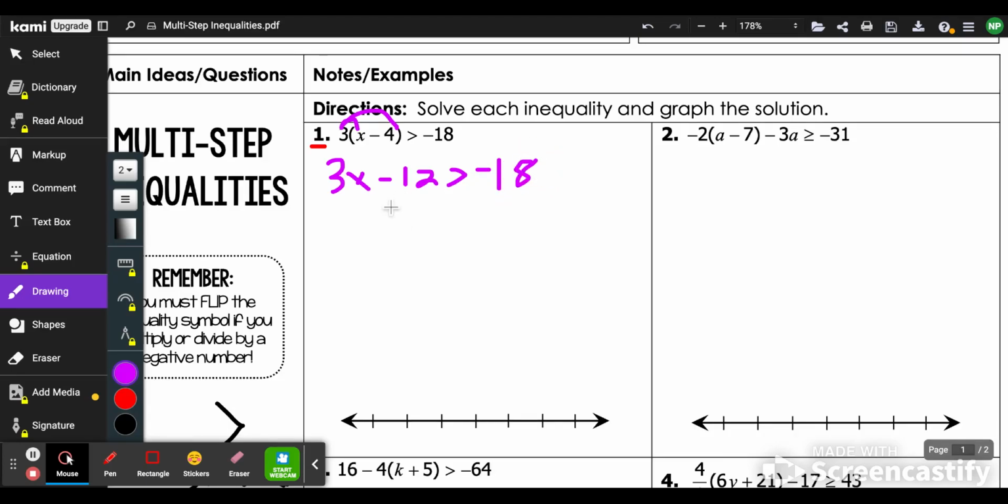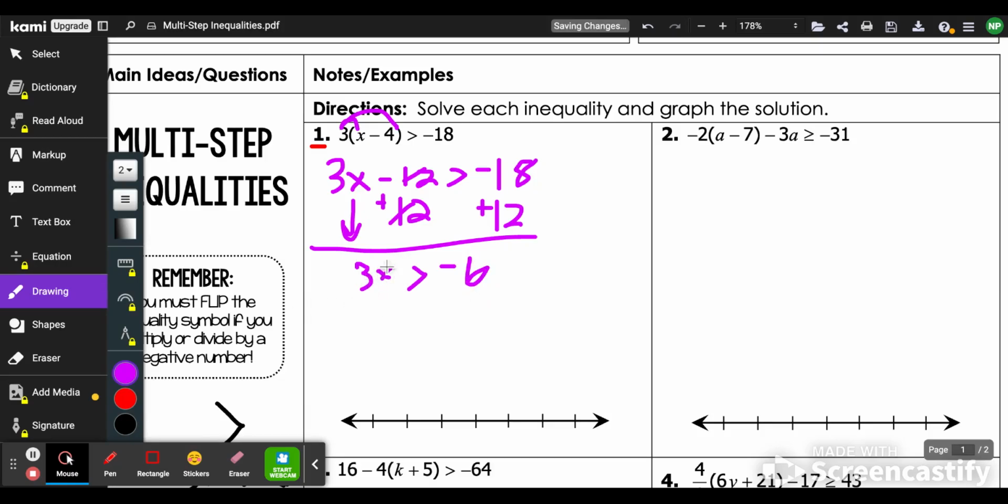Okay, next we're going to move the constant away from the variable. So we're going to move this minus 12, so we're going to add 12. So then we're left with, on the left, 3x is greater than negative 6.